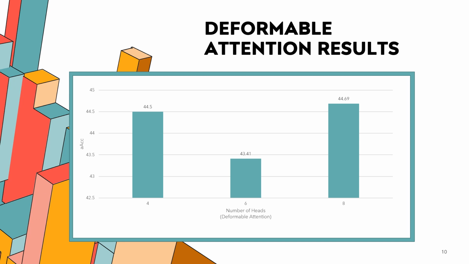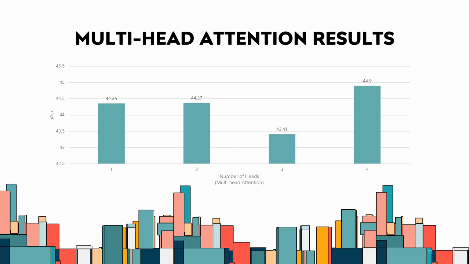In order to test how the number of heads in multi-head attention affects segmentation accuracy, 4 configurations of the VIT Tiny were used, each with a different number of heads for multi-head attention. The default model uses 3 heads, so we tested other configurations with 1, 2, and 4 heads for comparison. The results show that the model with 4 heads performed the best with a pixel-wise accuracy of 44.9%.